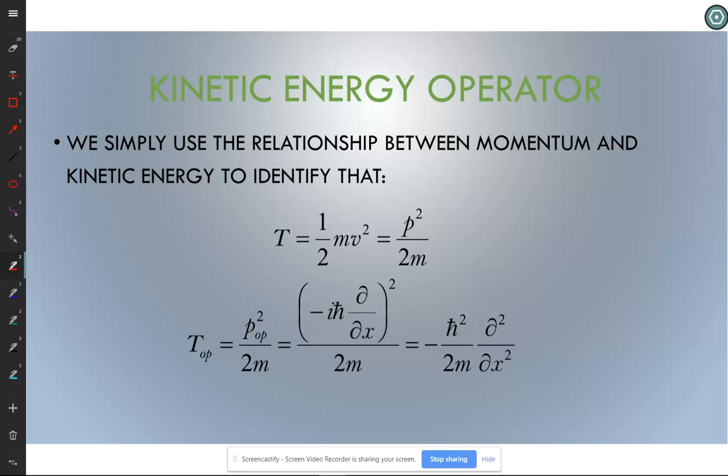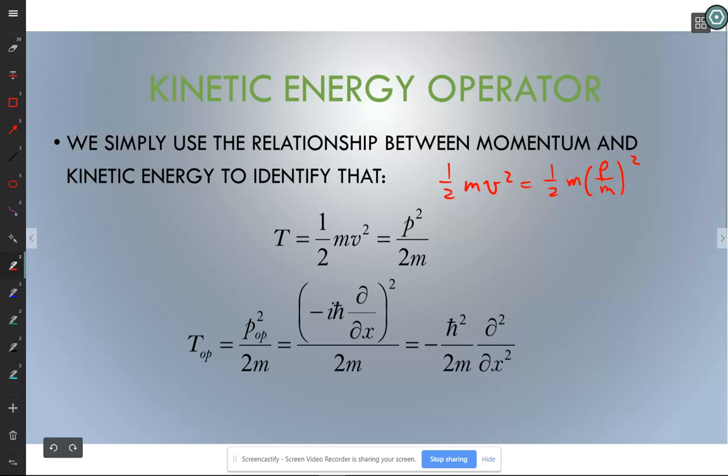Since momentum is mass times velocity, I can write velocity squared as momentum squared divided by mass squared. So we'll have momentum squared, mass on top, and mass squared on bottom, so it'll be over mass in the end to give us p squared over 2m. Then kinetic energy operator is momentum operator squared over 2m.